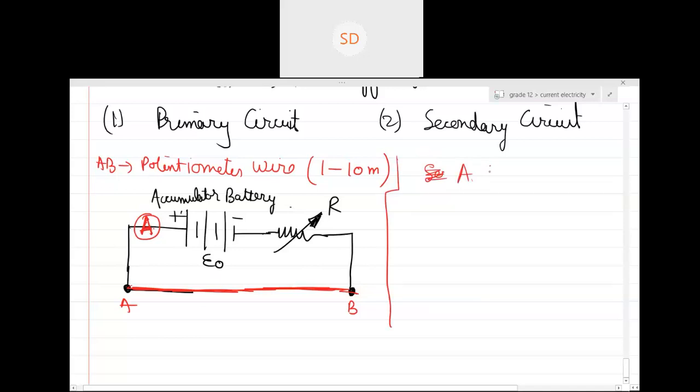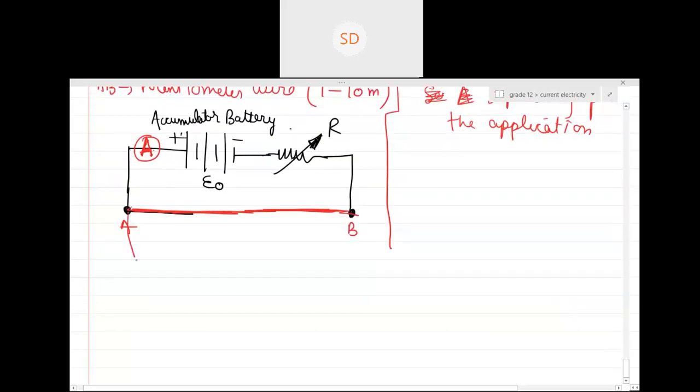Depending upon the application. Acha, let me add something more in the primary circuit. This thing is connected to this point and this thing is connected to this point. I connect a galvanometer over here and a jockey over here.